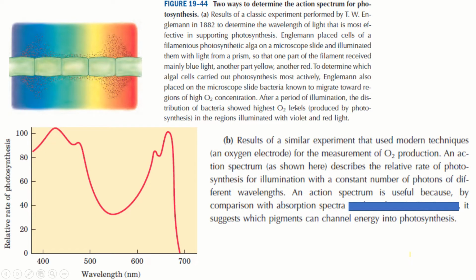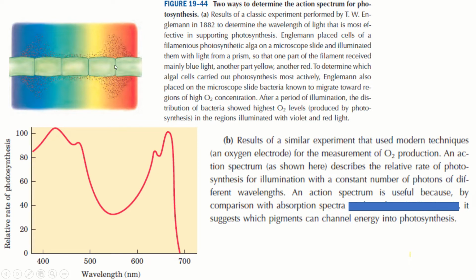In your lower classes, you might have studied the action spectrum for photosynthesis. This is that figure. You can see here an alga upon which microorganisms were distributed. T.W. Engelmann in 1882 found that these aerobic bacteria accumulate in the violet blue region and also in the yellow orange red region.